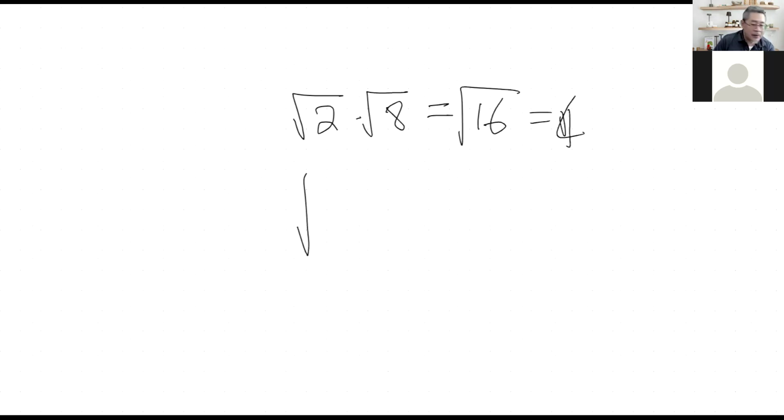And if we have, say, square root 27 divided by square root 3, it equals 3.